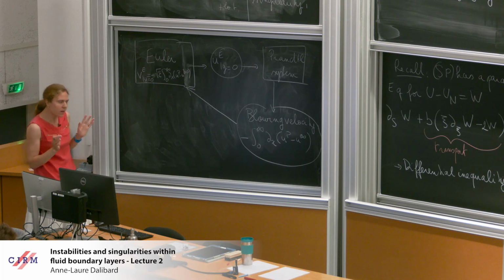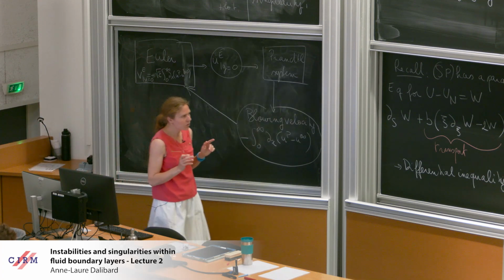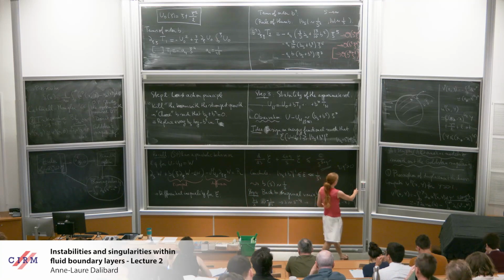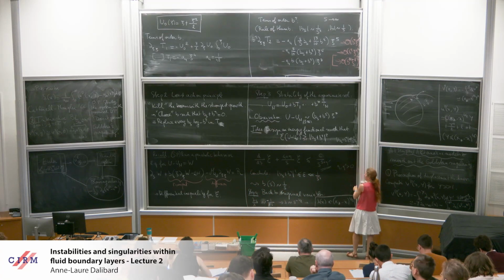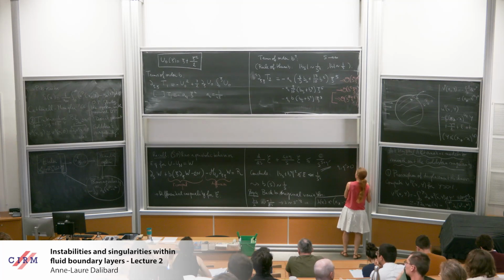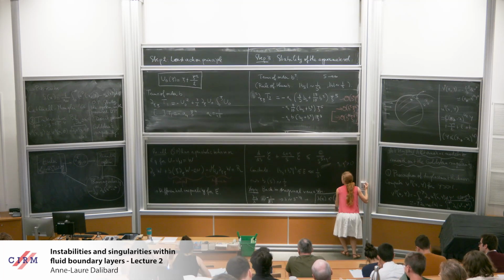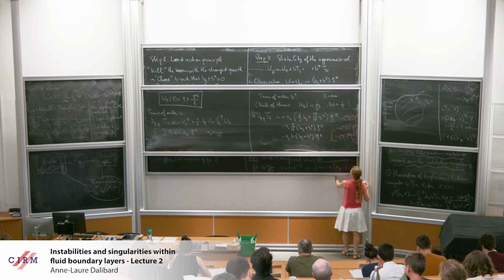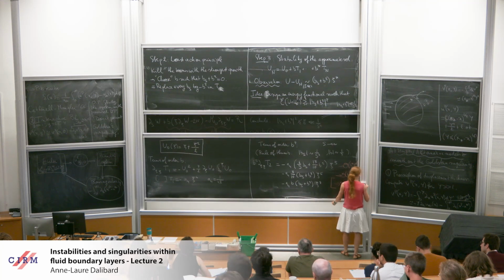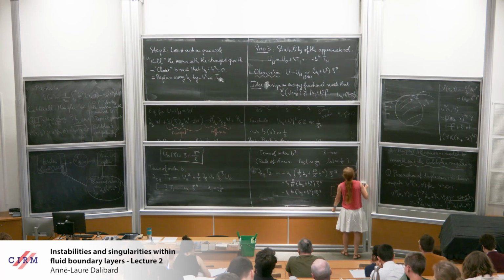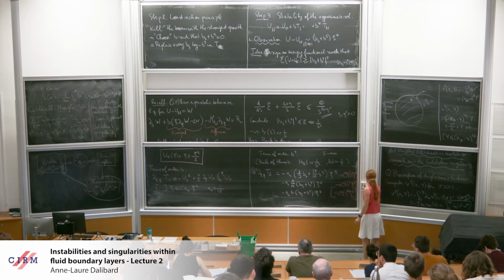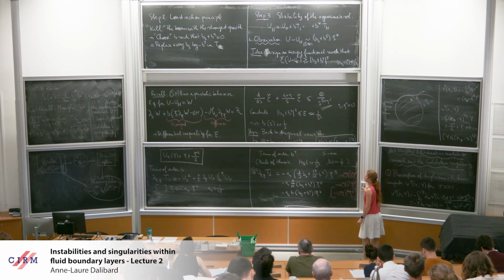The thing is, when you do that, you don't really take into account any regularization effect from the tangential diffusivity. So it's not fully satisfying, I would say, but it's already something.